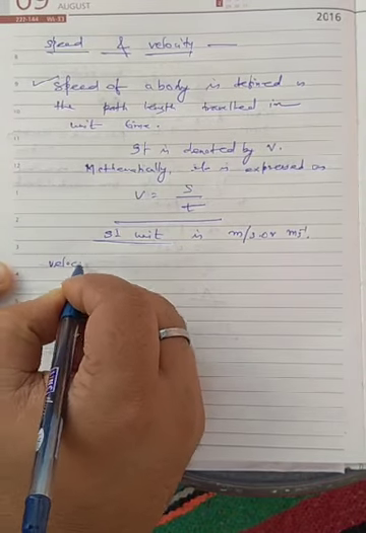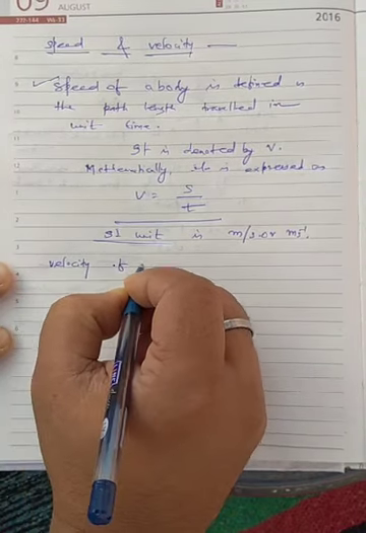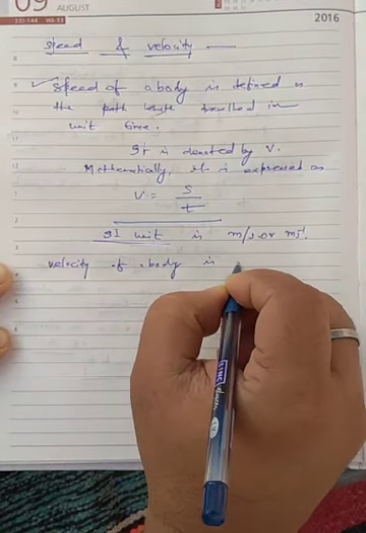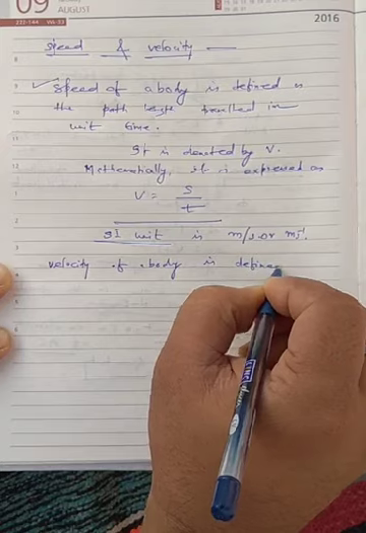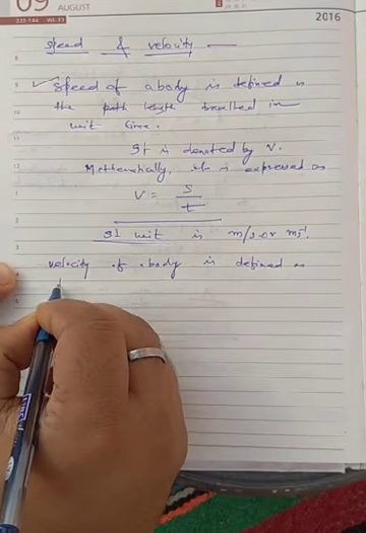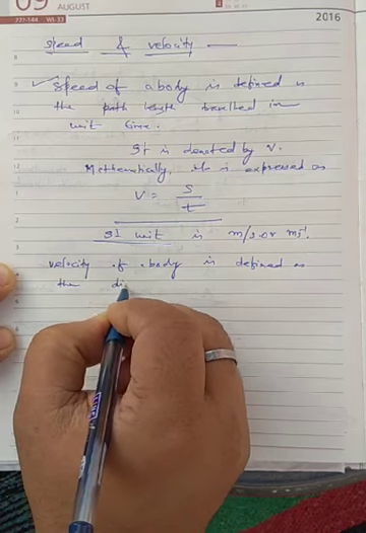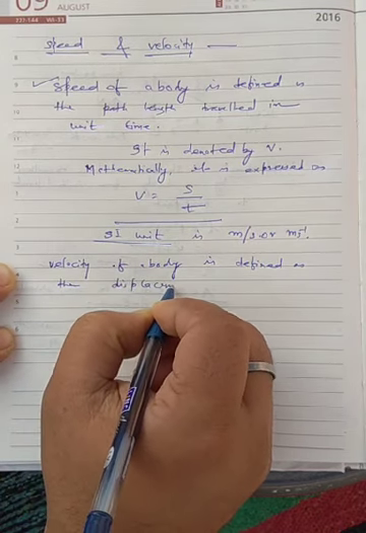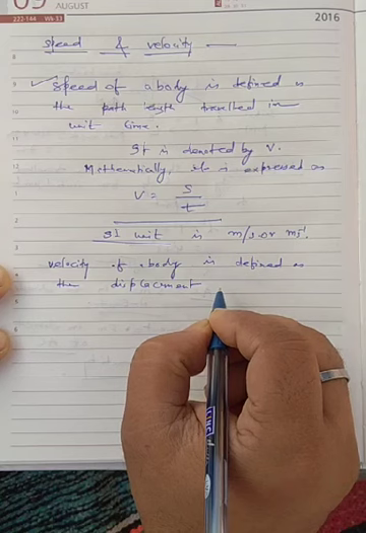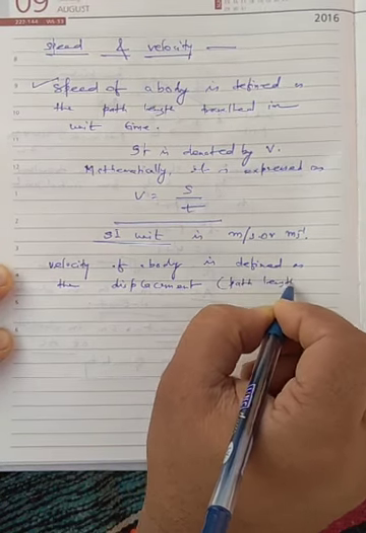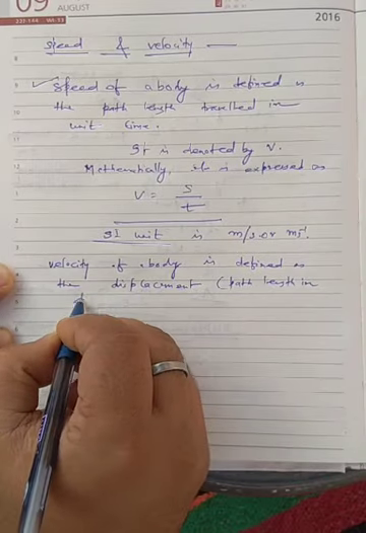Whereas velocity of a body is defined as the displacement. Displacement means path length in direction.